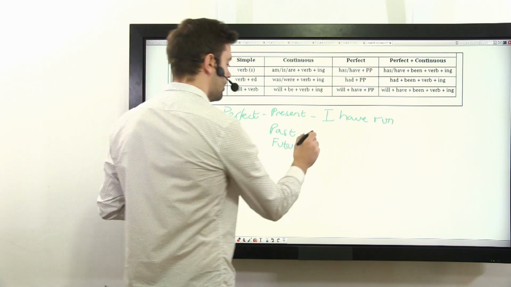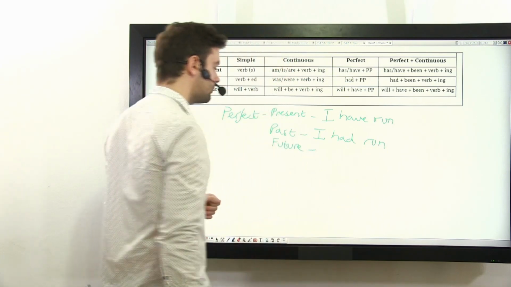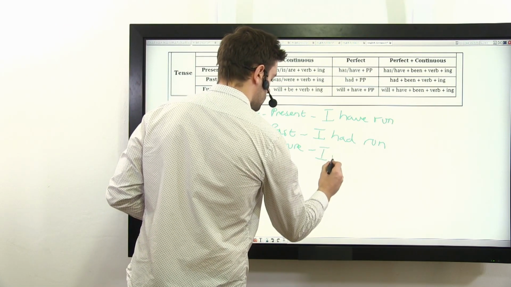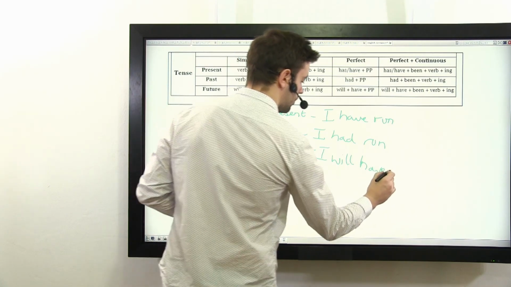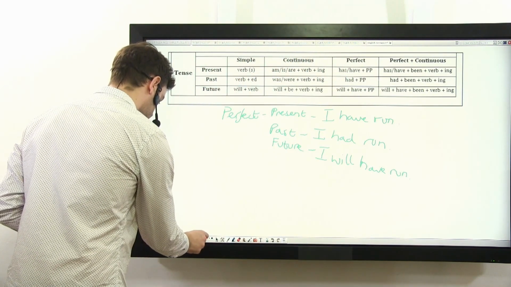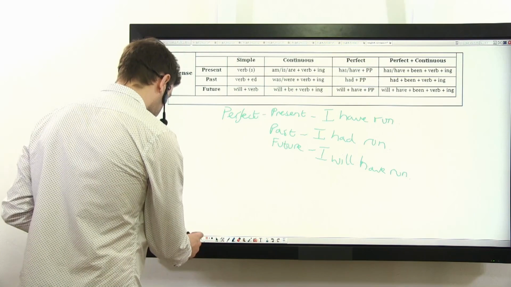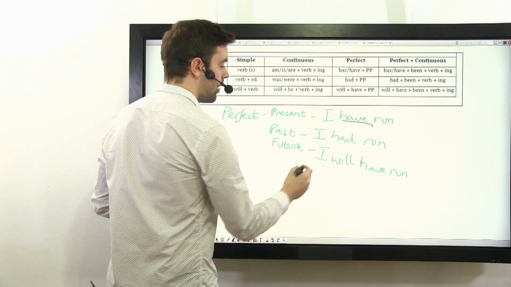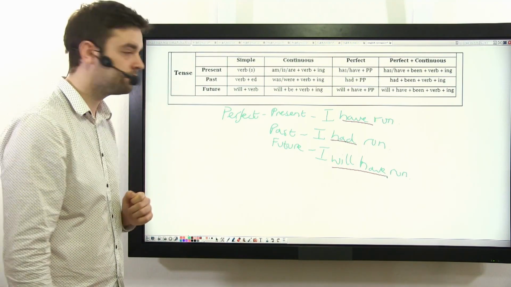The past: I had run. And the future: I will have run. So it's the have that changes. For example, I have, I had, and I will have. And this is the perfect.